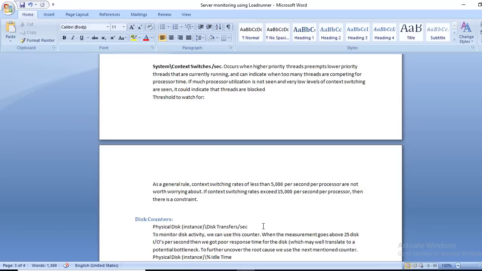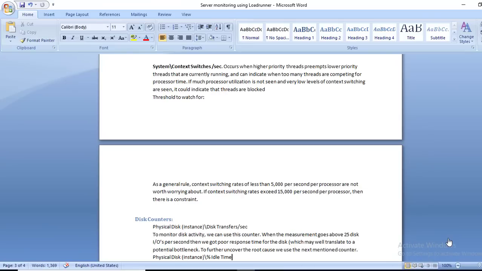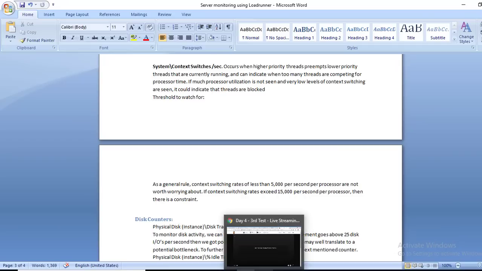System context switches per second. It is an important counter of the system.